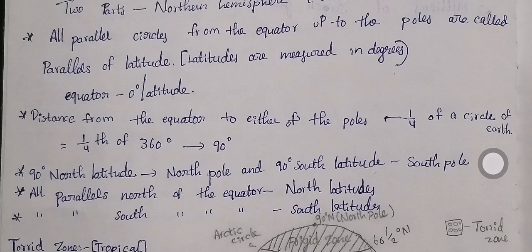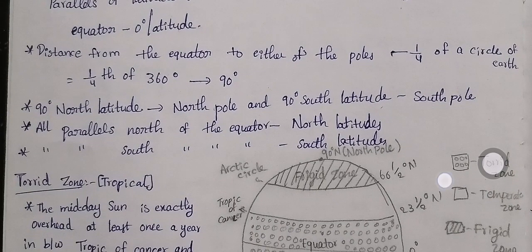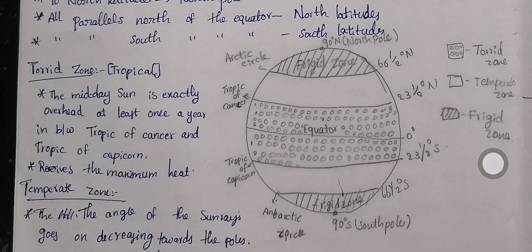That means 90 degrees northern latitude is the North Pole, and 90 degrees southern latitude is the South Pole. All parallels north of the equator are called north latitudes, and all parallels south of the equator are called south latitudes. If you see the figure, it is about the earth.